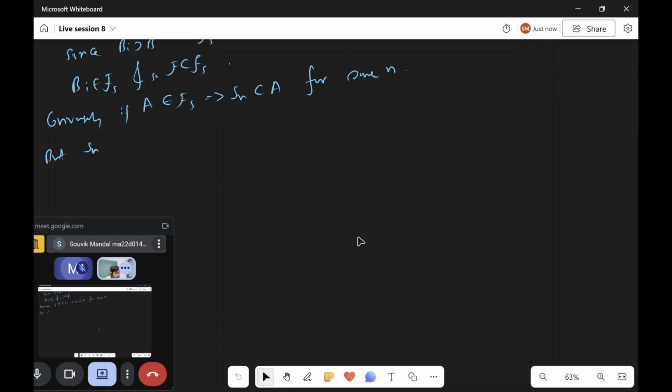But Sn equals B, so B is a subset of A, and F is a filter, which implies A belongs to F.